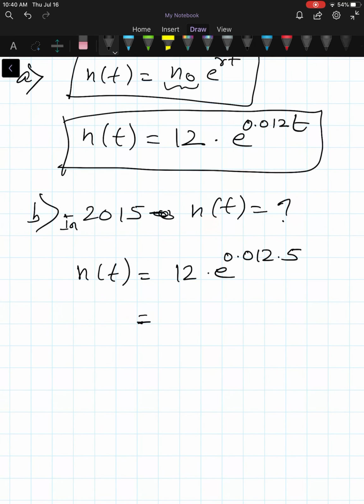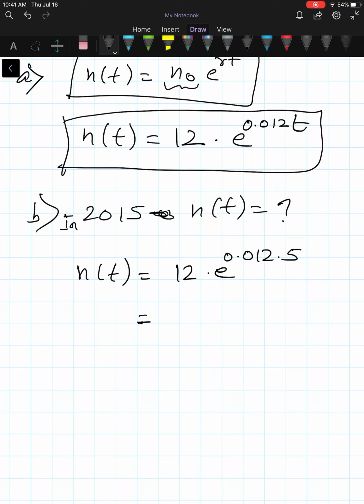If you use a calculator, you can do it along with me. e to the power of 0.012 times 5 would give us something like 1.0618, times 12 is 12.7420.